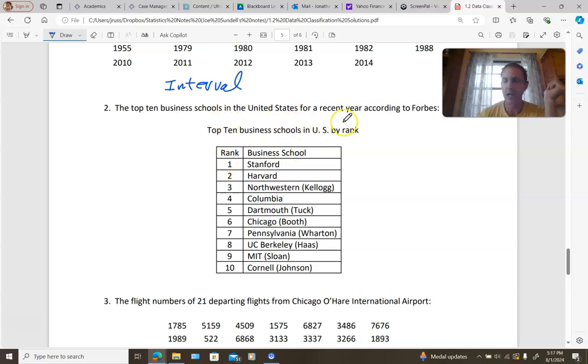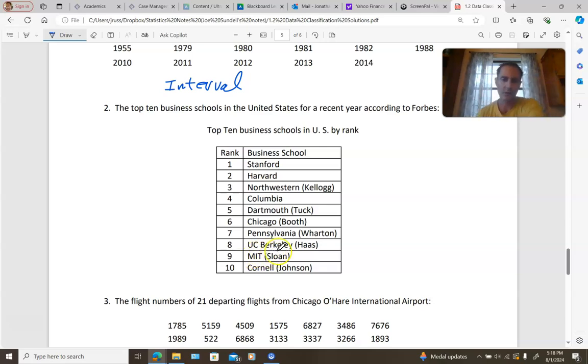So apparently, by rank, Stanford is number 1. And then you've got Harvard, and you've got Northwestern. It gives some of the names of those business schools. I think for Harvard, it's Sloan. And I can't remember what it is for Stanford, but anyway. Or no, it's MIT, that's right.